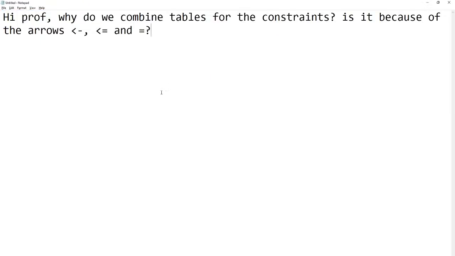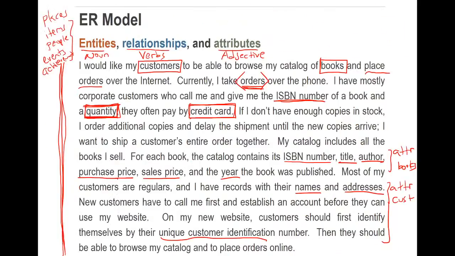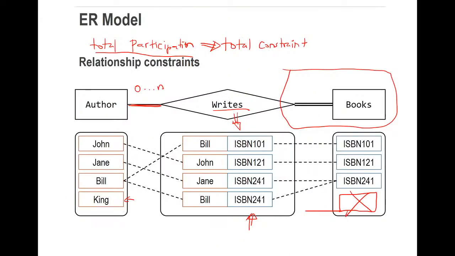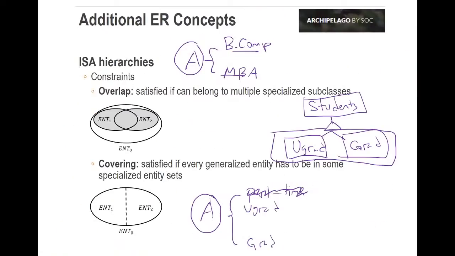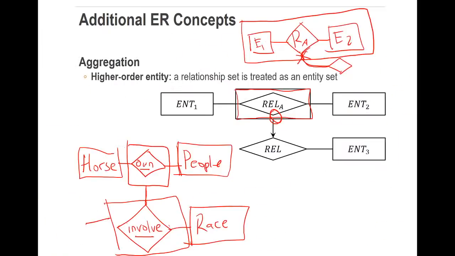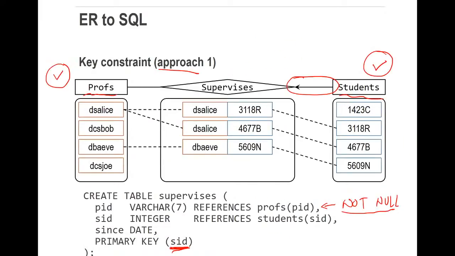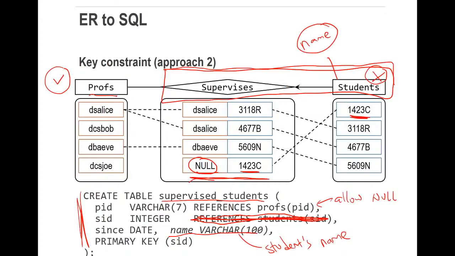Why do we combine tables? Well, part of the reason why we combine tables is because it's simpler and it still works. Okay, so think about it. This one, either we separate or we combine. Doesn't really matter. If we combine, we have one fewer table. Makes our lives easier.